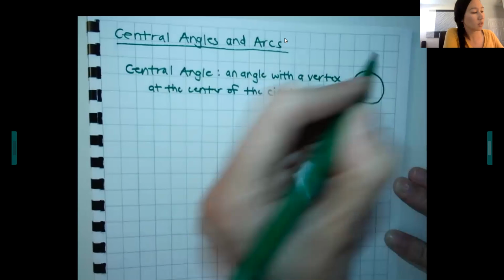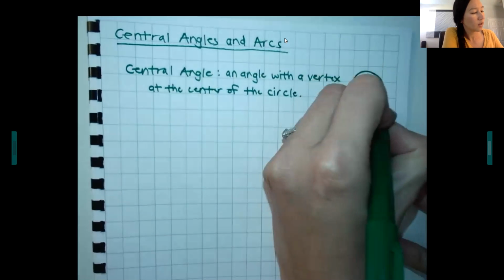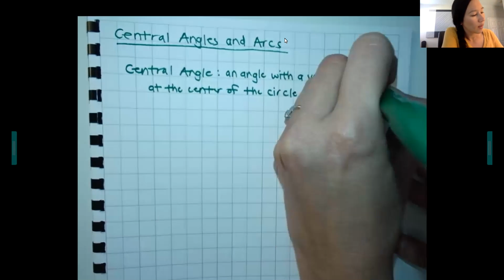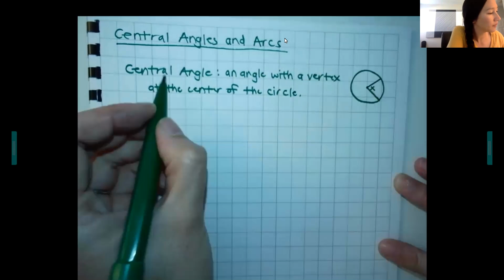Sketch a little picture. Here's the center of our circle, and there's our angle X. That is a central angle.